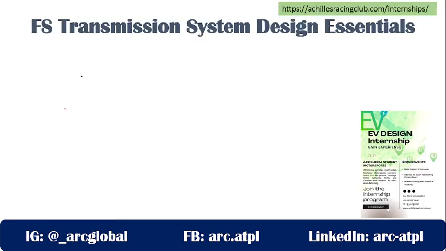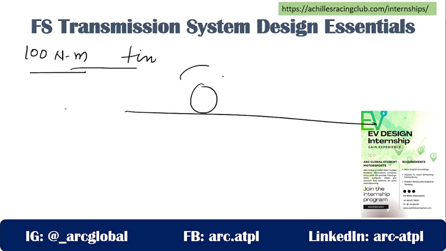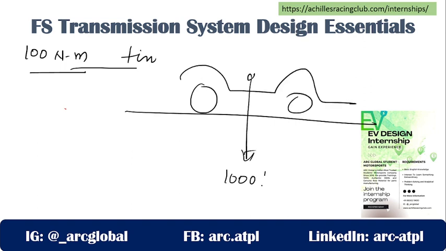So for example, if I require 100 Newton meter of torque at the tire to move my vehicle forward. So this is my vehicle. How did I calculate this? The total weight acting here is 1000 kg. The tire radius is, say for example, 20 inches.